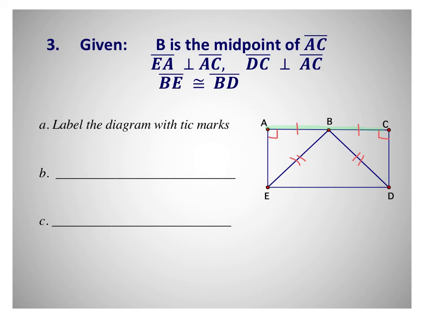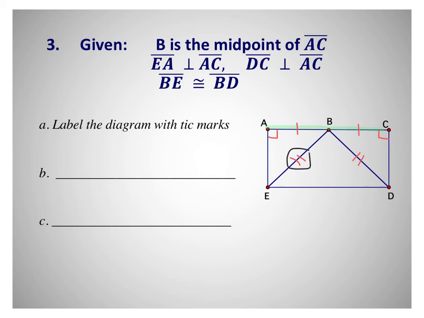For this one, if a triangle has a right angle, that's called a right triangle. So I know that triangle ABE is a right triangle, and I know that triangle BCD is a right triangle. So therefore, we have to decide, is this hypotenuse leg? Because again, sometimes triangles are not congruent, so it doesn't have to be hypotenuse leg. How do I tell if it's hypotenuse leg?